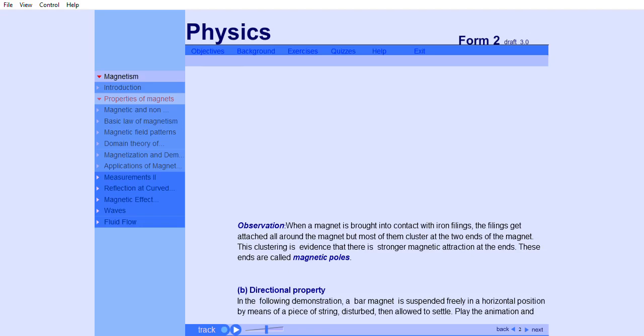Observation: when a magnet is brought into contact with iron filings, the filings get attached all around the magnet, but most of them cluster at the two ends of the magnet.